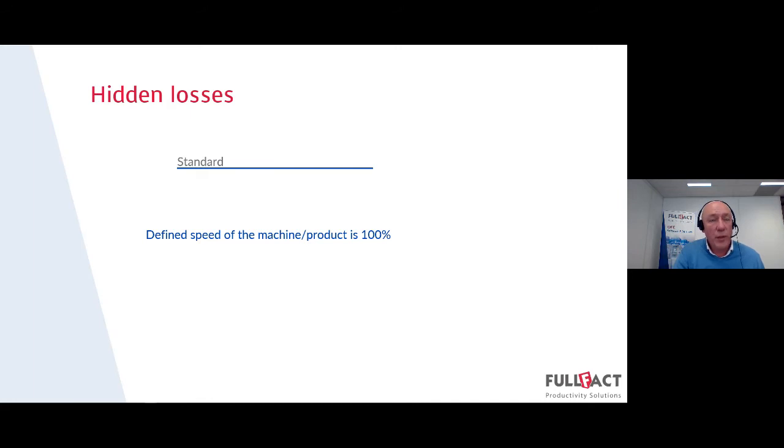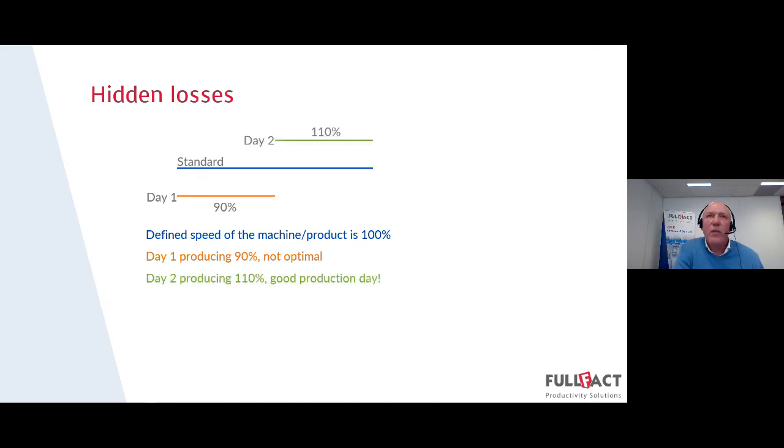This one is 100%. On day one, you produce at 90%. It was not an optimum, but it was the beginning, and therefore 90%. You're quite satisfied. But the next day, you turn it up to 110%. So you're equalizing that to the standard. Everybody's happy. Day one and day two, on average 100%.